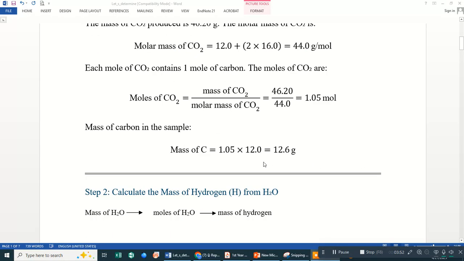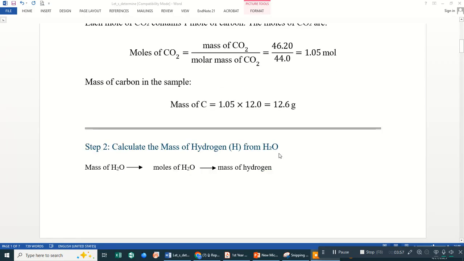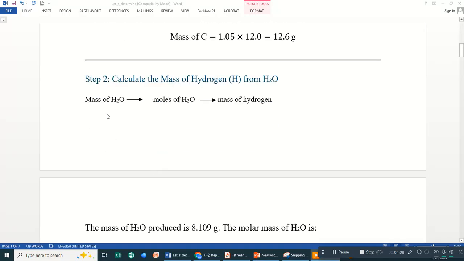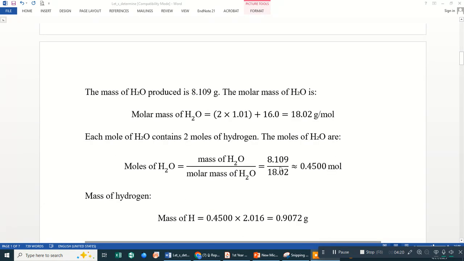Okay. Next, we use this mass to calculate the number of moles of carbon. First, we calculate the mass of hydrogen from the water. The mass of water is given. Same as in the previous step, from the mass of water we find the number of moles of water, and from the moles of water, the mass of hydrogen can be calculated. Same formula: number of moles is equal to mass of water divided by molar mass of water.